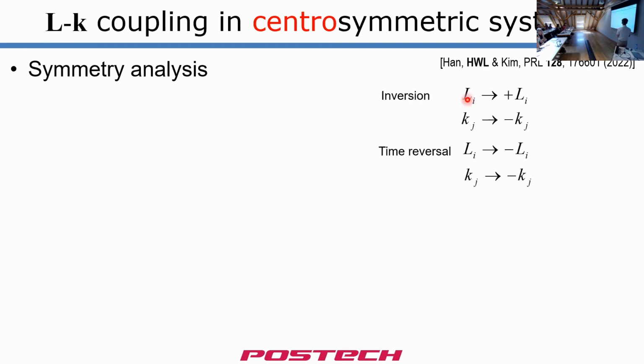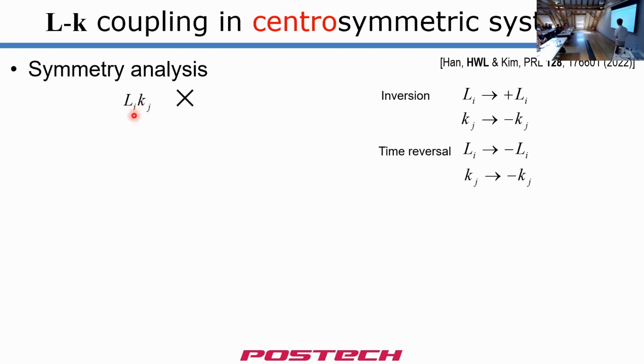We know how orbital angular momentum transforms under inversion, we know how crystal momentum transforms, and we also know the transformation rule for time reversal. So we may just apply these transformation rules to check whether any possible coupling between L and K is allowed or forbidden.